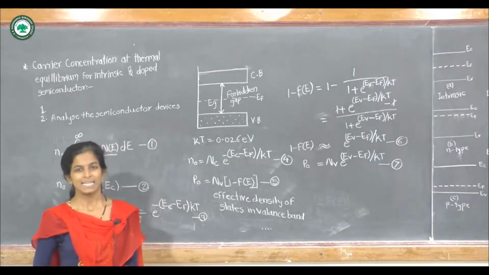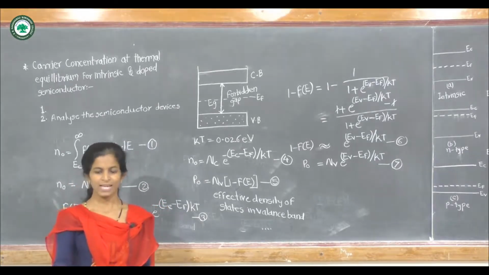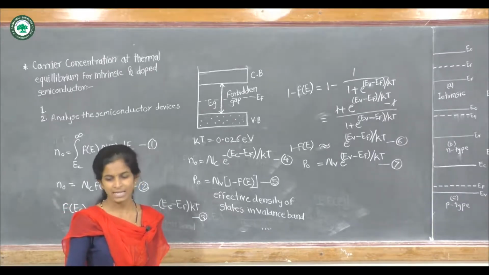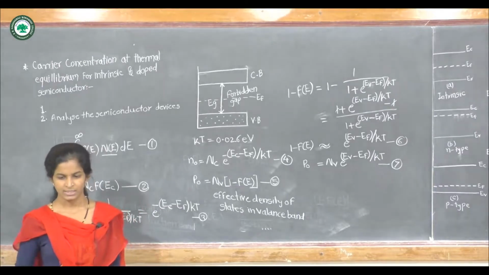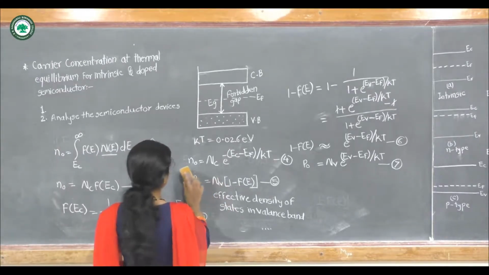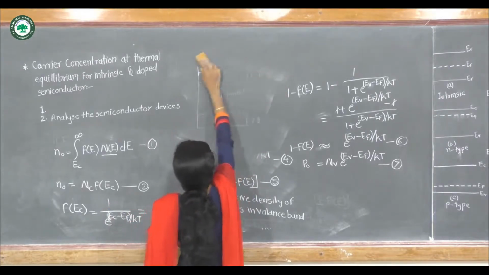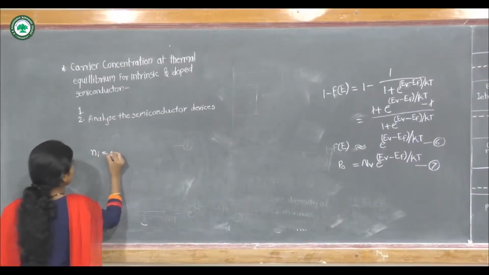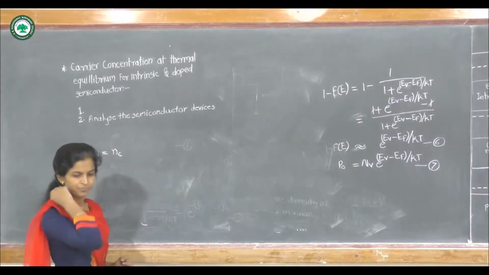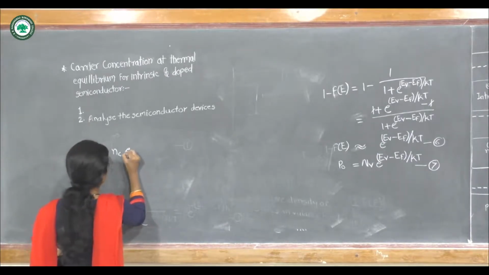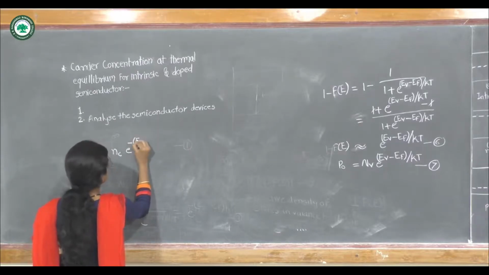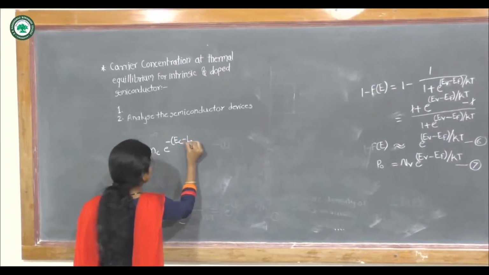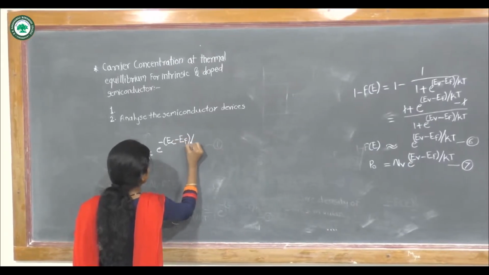Thus, for the intrinsic material, EF lies at some intrinsic level Ei, near the middle of the band gap, and the intrinsic electron and hole concentration is given by ni is equal to Nc into e raised to minus (Ec minus Ef) upon kT.